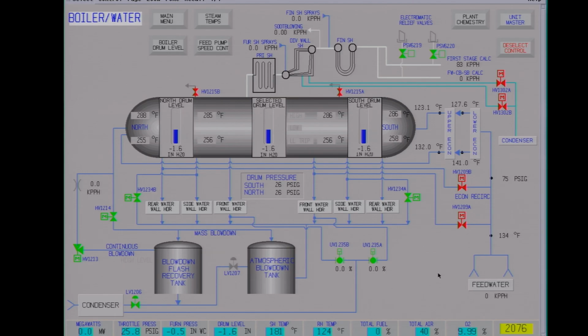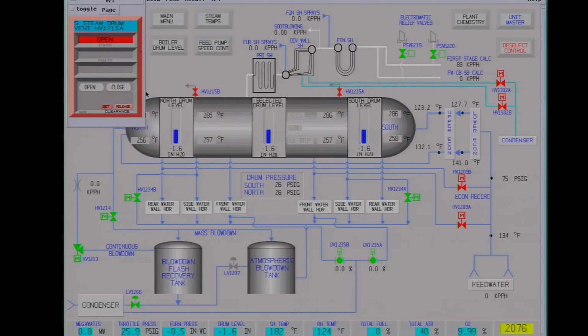Now we're going to close the boiler drum vents. These just let off any non-condensables and air out of the drum when you start up. It's a pretty normal procedure. Close them at about 25. These are division wall drains.